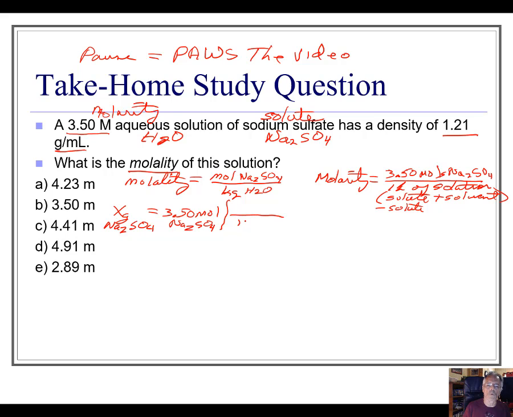We know that 1 mole of Na2SO4 is equal to 2 moles of sodium cation, each of those weighing 22.98. Then there is 1 mole of sulfur, which is 32.07 grams per mole, and 4 times 16 grams per mole for the oxygen. When we do that, we get 142.05 grams for every 1 mole of sodium sulfate.